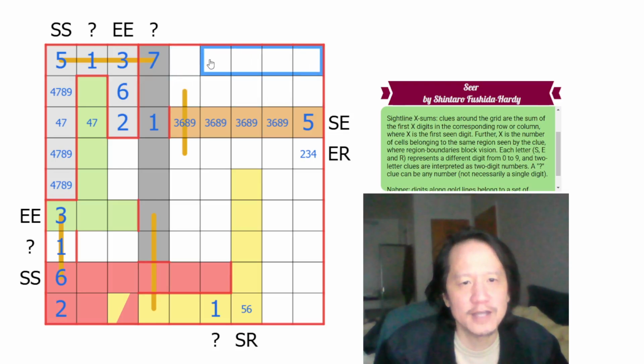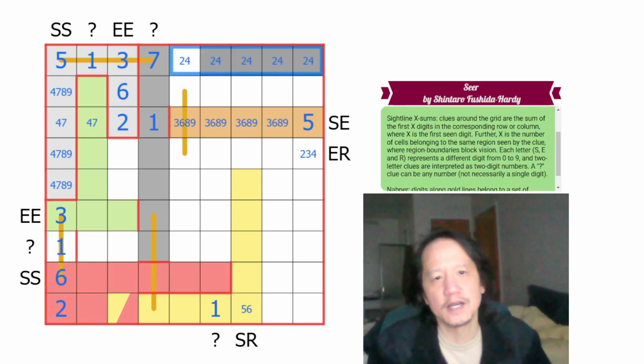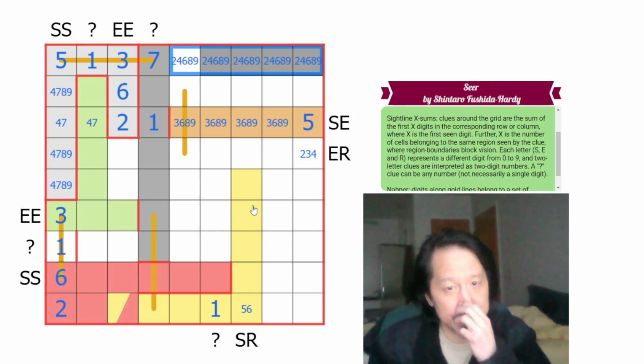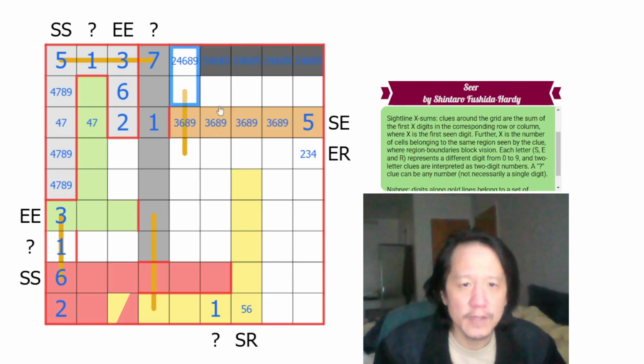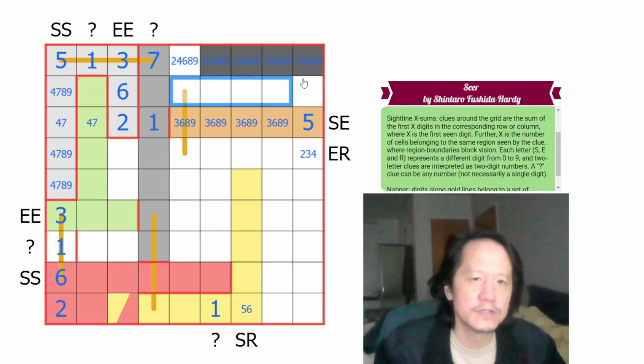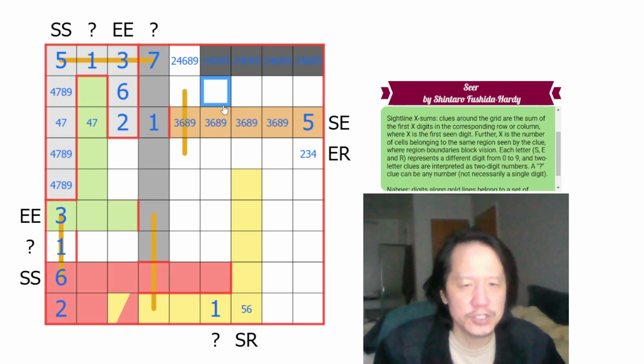So therefore, this has to have a full region somewhere, and only 1 digit can be not part of that full region. So therefore, these 4 are a full region by itself. This also has to be 2, 4, 6, 8, 9. Any of these could be orange, and any of these could be gray. So unfortunately, that doesn't tell us very much.